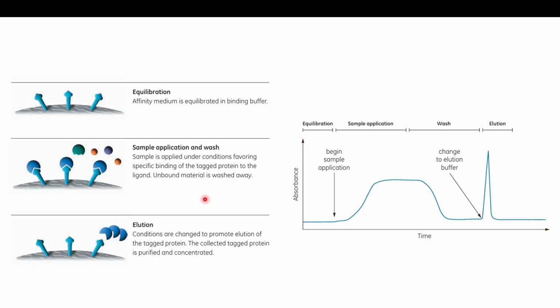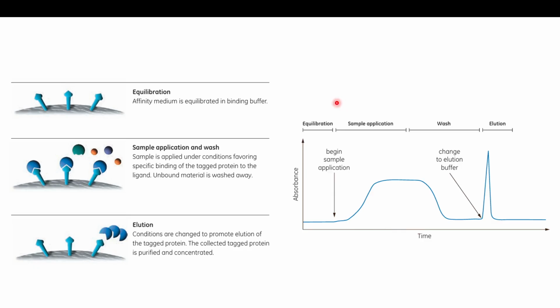There is this washing step, and then you elute, where you again change the buffer conditions to promote the elution of the tagged protein, where the interaction of the tagged protein with the matrix is lowered and your tagged protein is eventually eluted out.